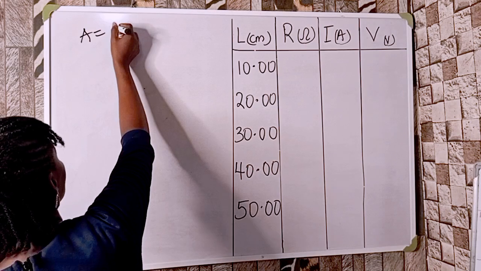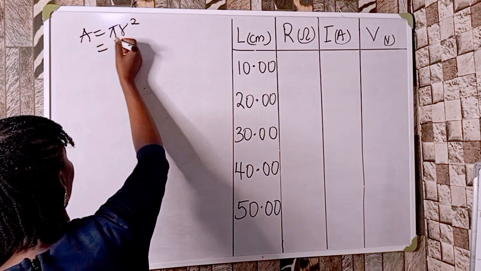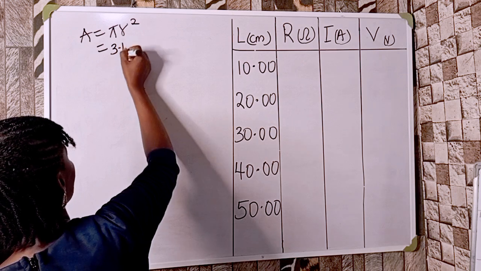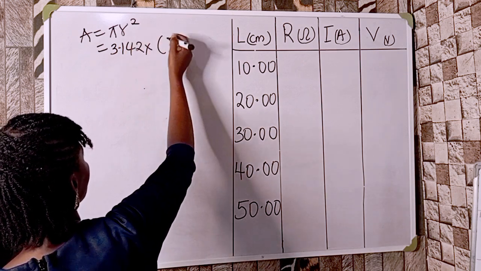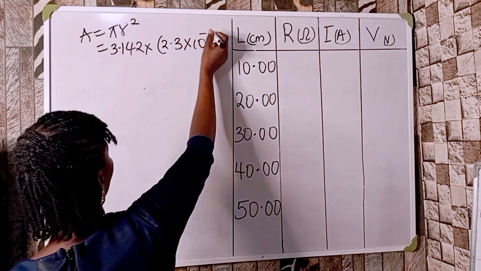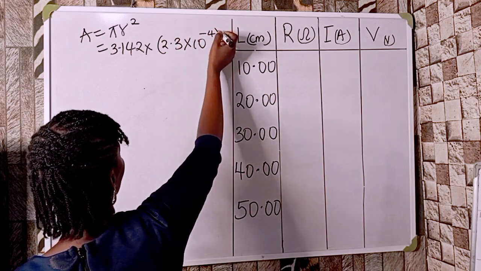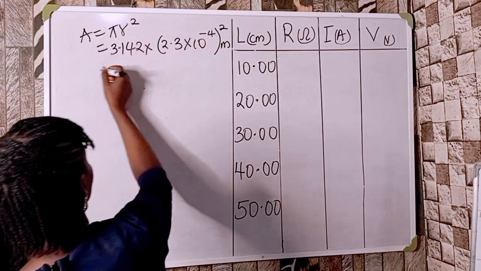Area is pi r square. So we have pi as 3.142 times my radius to be 2.3 times 10 raised to the power minus 4 meter, all squared.